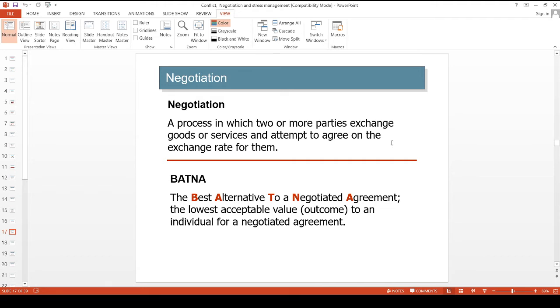If the two parties are not able to reach an agreement, we try to have the lowest acceptable value which may be acceptable to us and to the other party. That situation is termed the best alternative to a negotiated agreement.